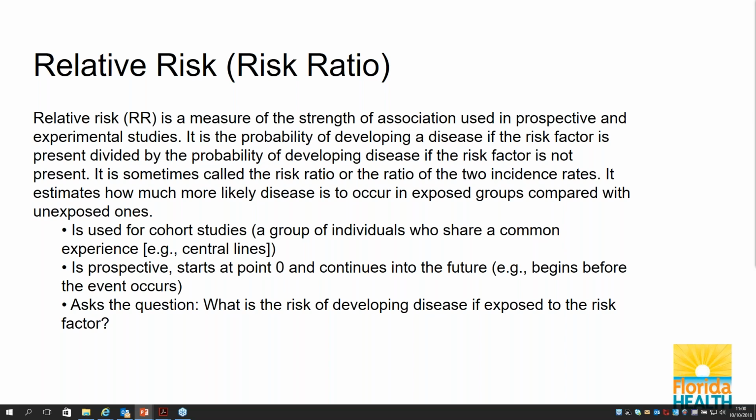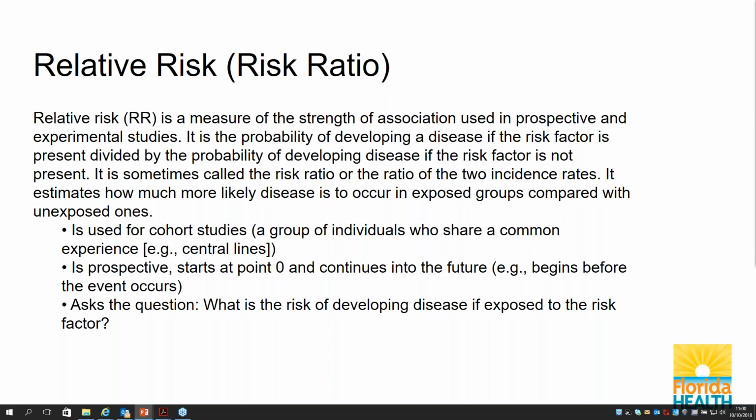And it asks the question, what is the risk of developing disease if exposed to the risk factor, right? So if you're dealing with an outbreak in your facility and you have all of these patients that keep getting an infection, whether it's, I'll just do Pseudomonas because why not? You guys know how I feel about Pseudomonas.